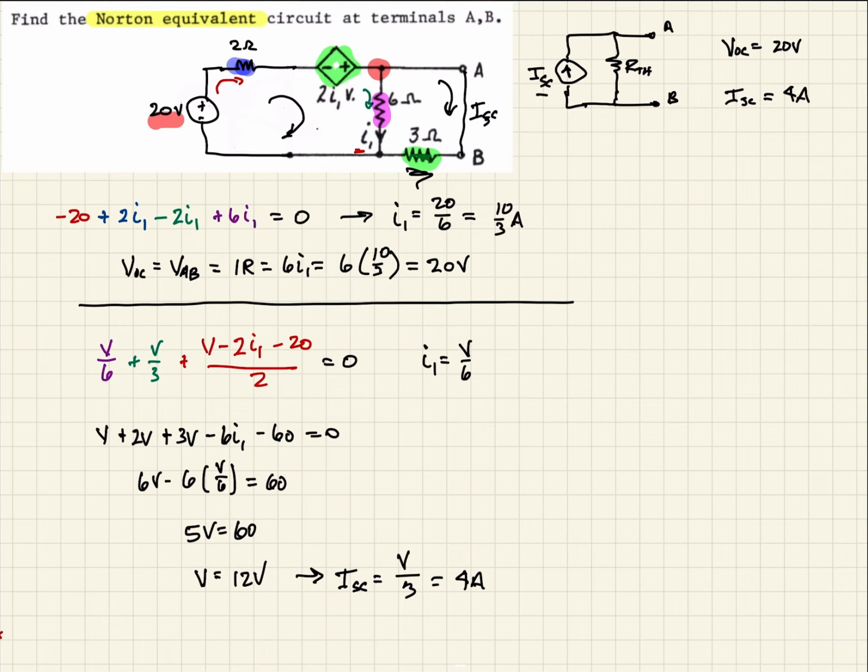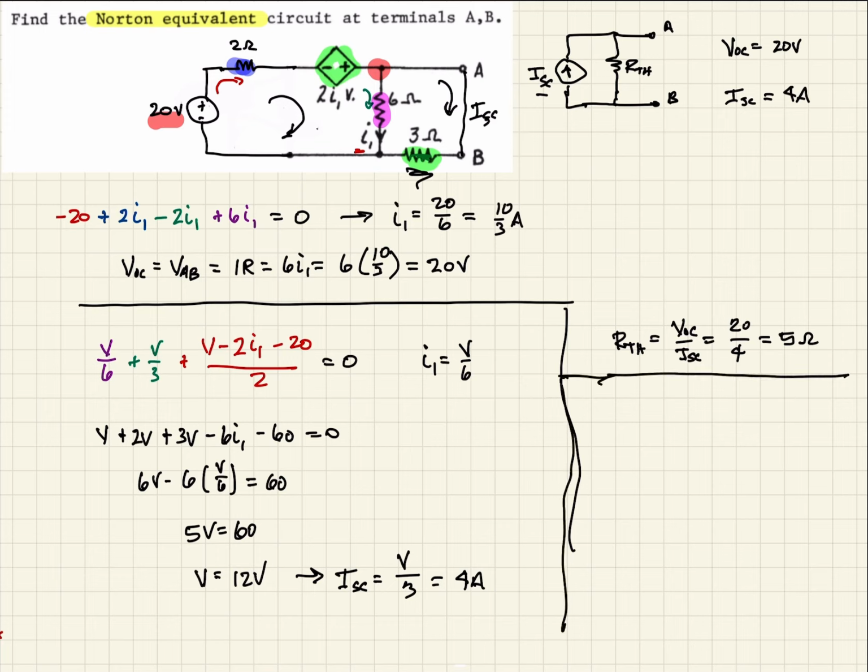And then finally, our Thevenin resistance, let's do that here. Our Thevenin resistance is defined as our open circuit voltage over our short circuit current. And so we know that's 20 over 4. And so that's 5 ohms. So now, finally, we come back to our Norton equivalent circuit.